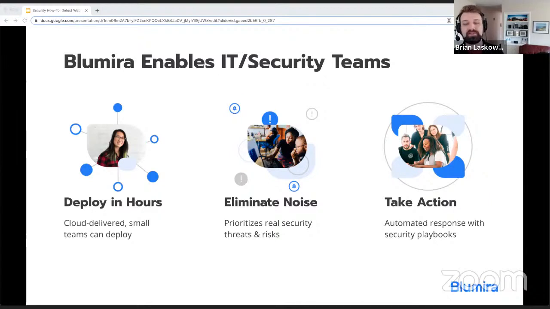You don't have to feed and maintain it; that is all handled for you. You just need to worry about when you get an alert. And when you get an alert, you have that advice and assistance from Blumira to walk you through it, because a lot of people haven't seen these types of attacks before. So what we try to bring to the table is a workflow to action that incident.